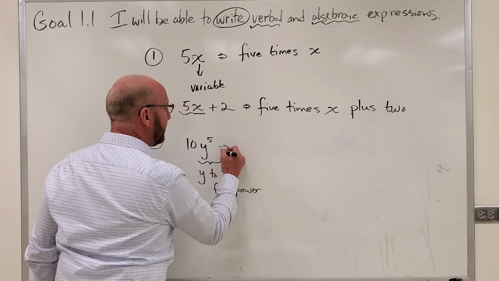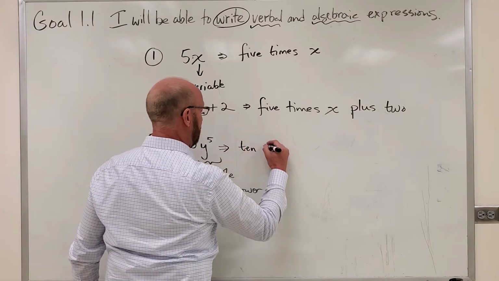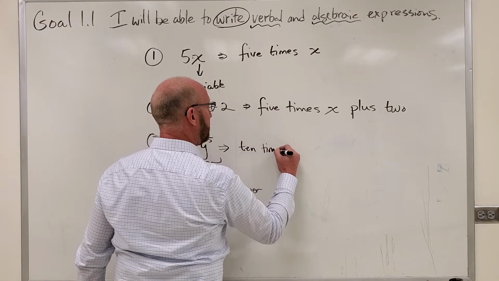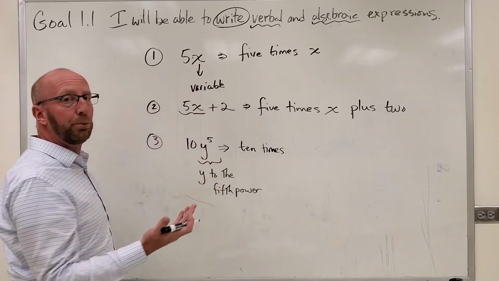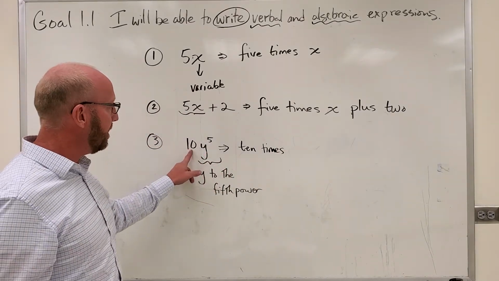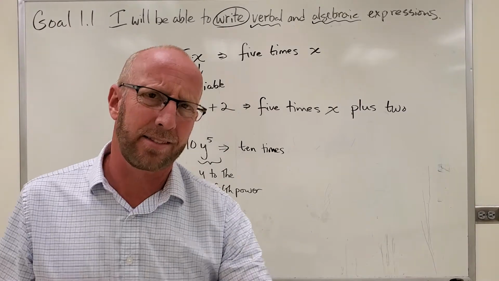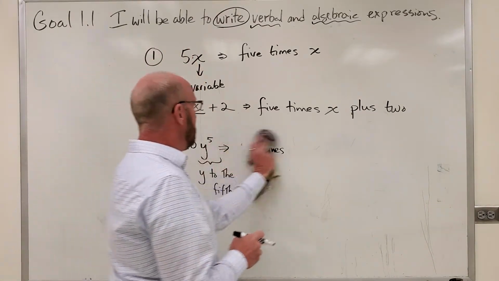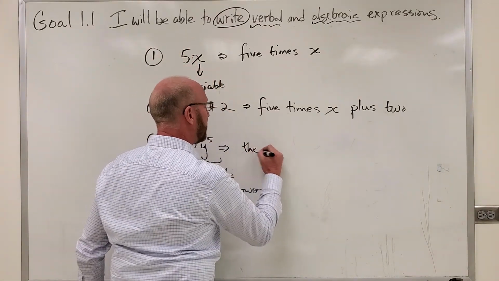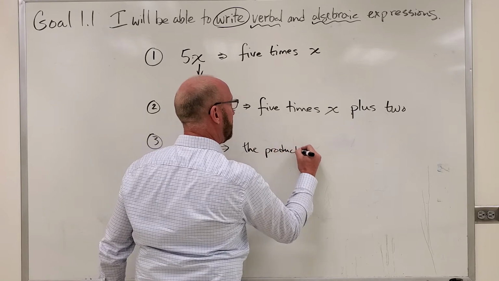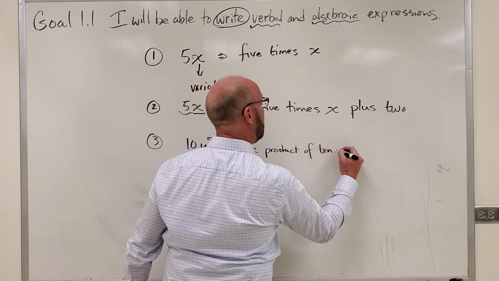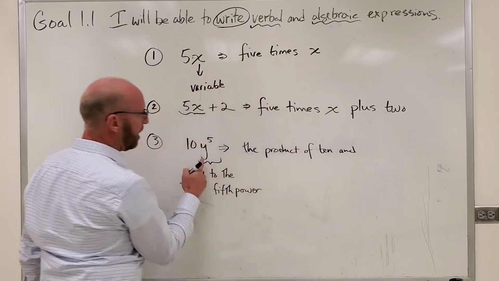So I would write this in English as 10 times, I could use the word product. The product of 10 and, now how would I write this?